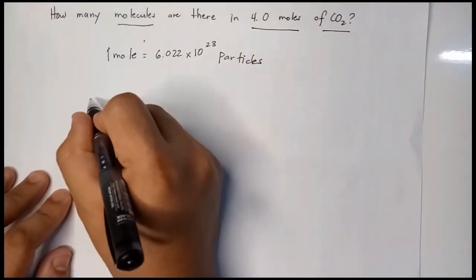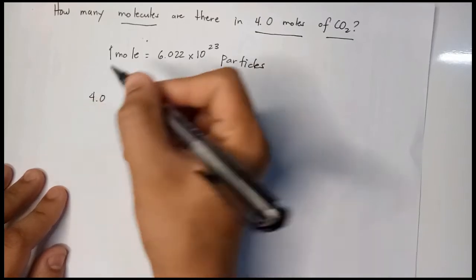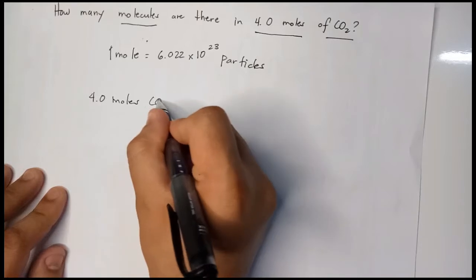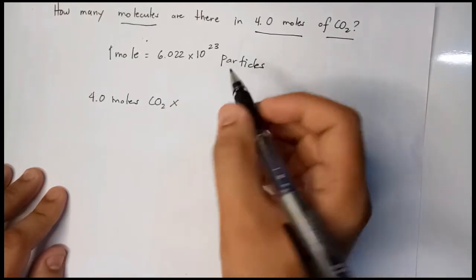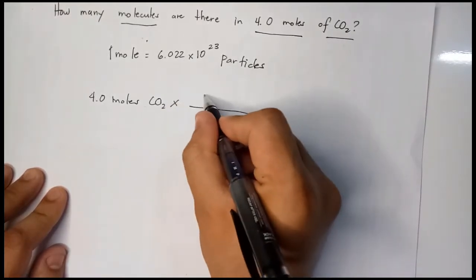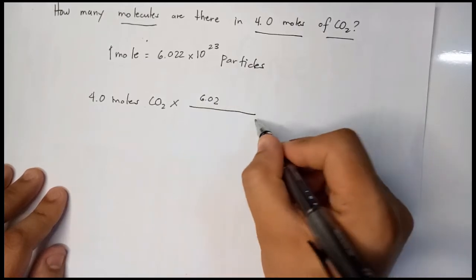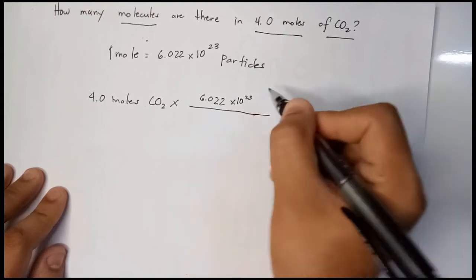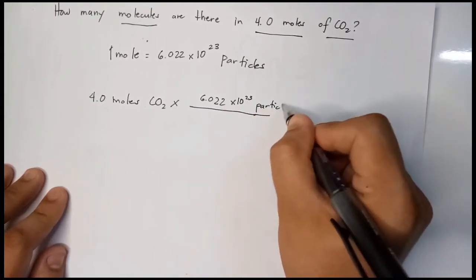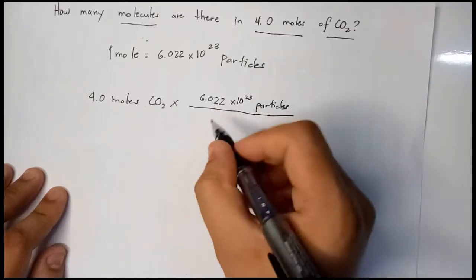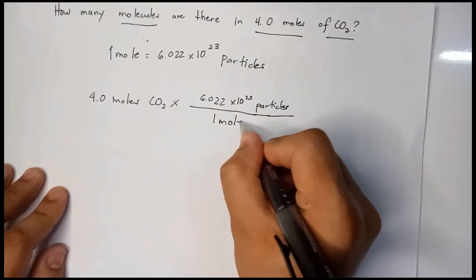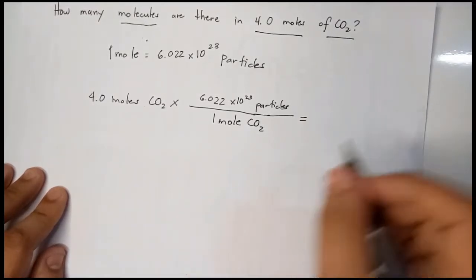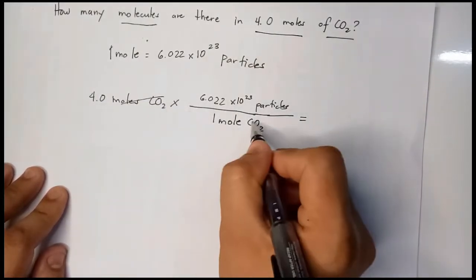So, ganito magiging conversion natin. 4.0 moles of carbon dioxide times 6.022 times 10 to the 23rd particles. And i-divide daw natin siya kay 1 mole of carbon dioxide. Equals, so let us cancel.